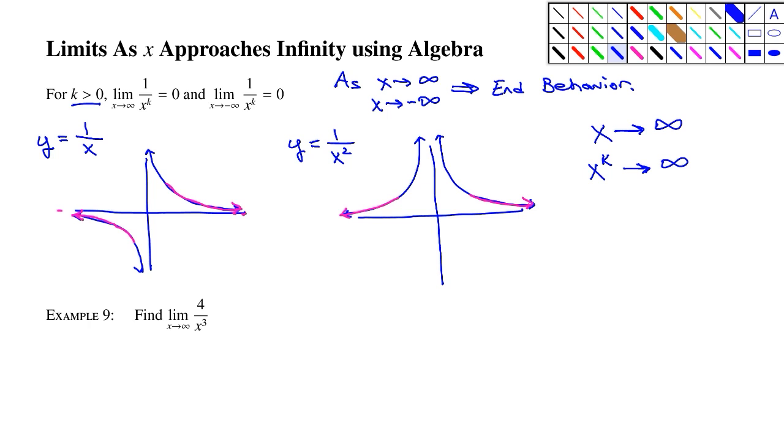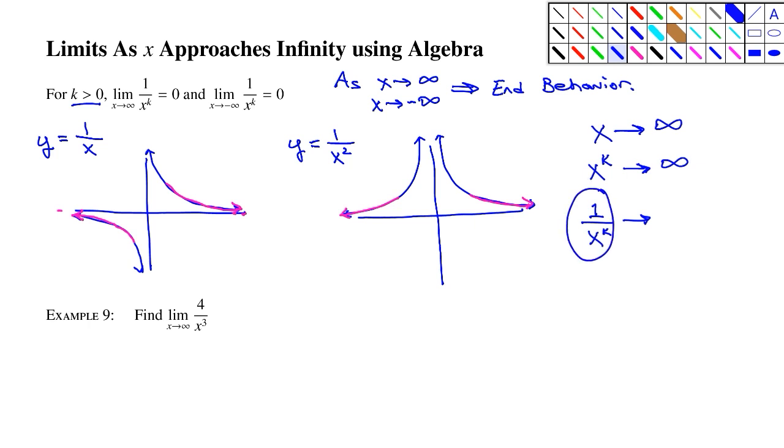As something gets larger by going to infinity, what happens to the value of the reciprocal of that? Think about it this way. Let's say that the value of x to the k, as we're trying to go to infinity, is 1,000,000, and then 1,000,000,000, and then 1,000,000,000,000, and it just keeps getting larger. What is the value of the reciprocals of those?